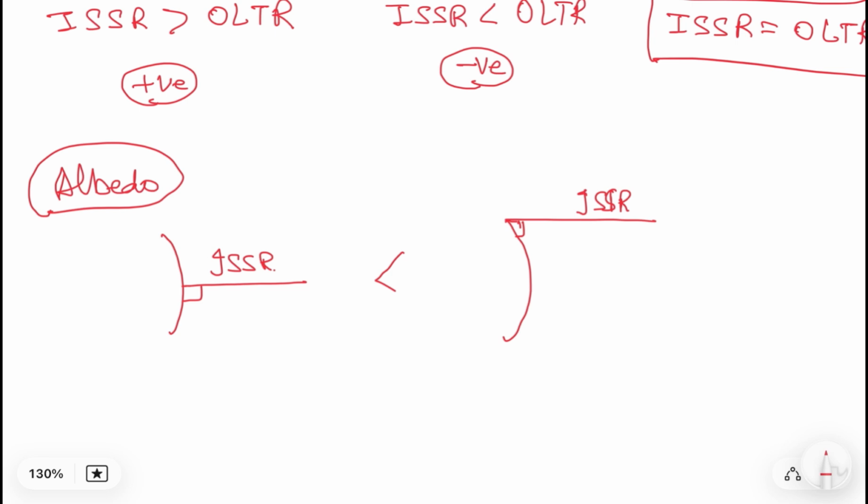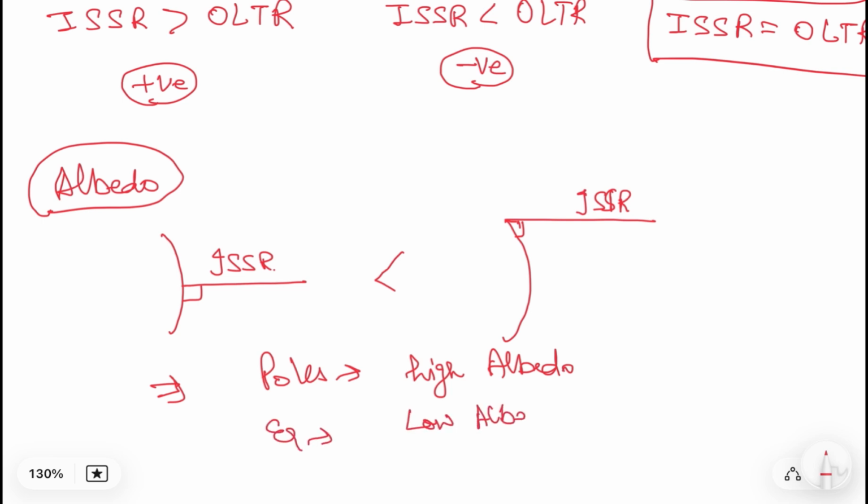That's why the poles have the highest albedo, whereas the equatorial regions have the lowest albedo. So what we have concluded is, at the poles we have high albedo, and at the equator we have low albedo. Done.